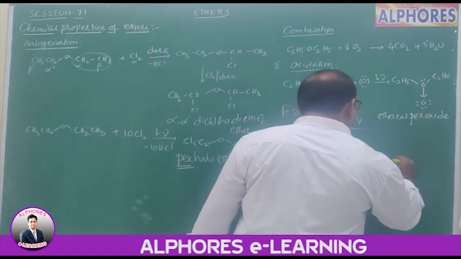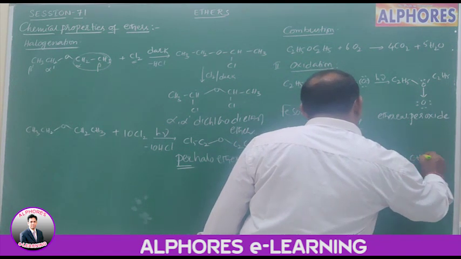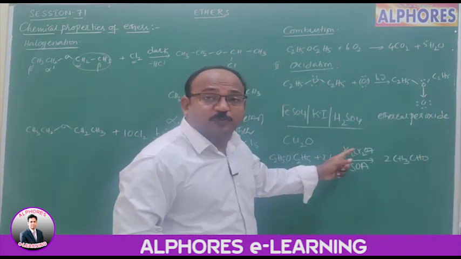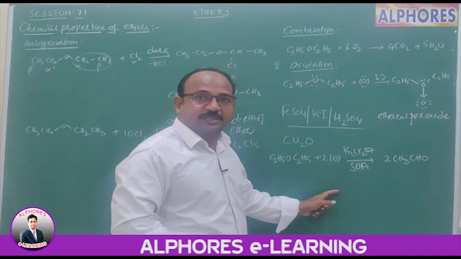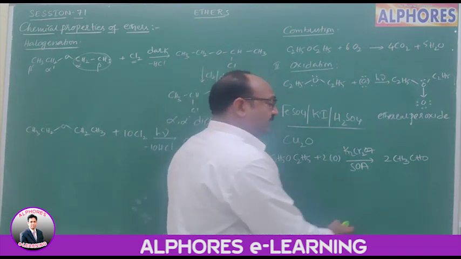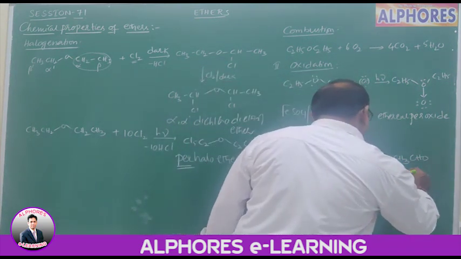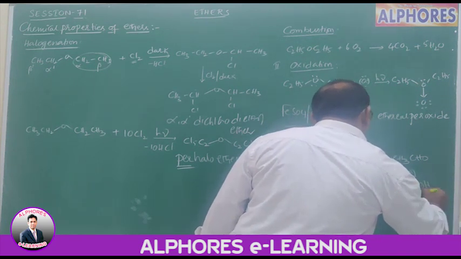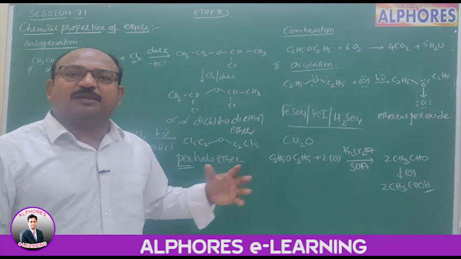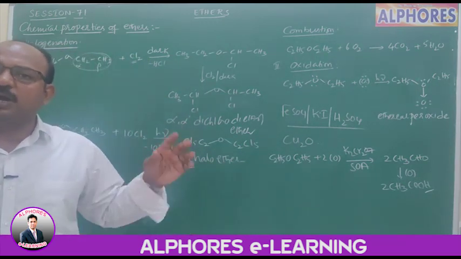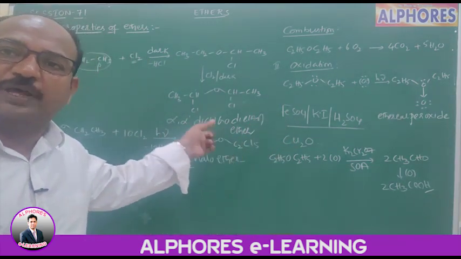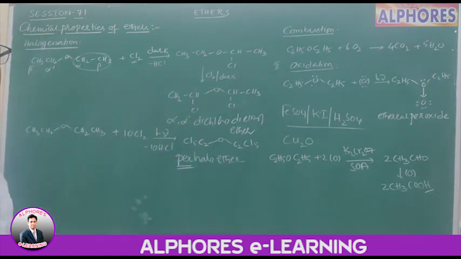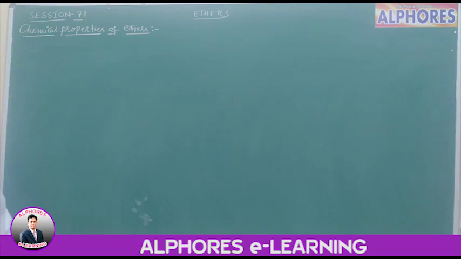The same oxidation takes place with a strong oxidizing agent like potassium dichromate. With potassium dichromate, diethyl ether is oxidized to aldehyde, 2CH3CHO.